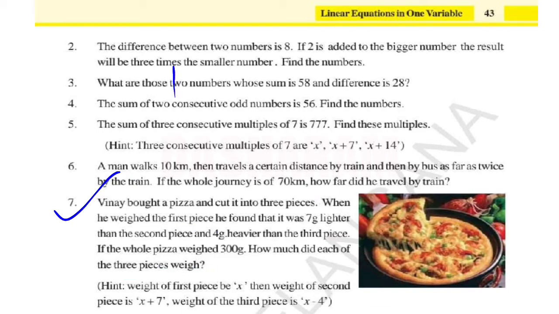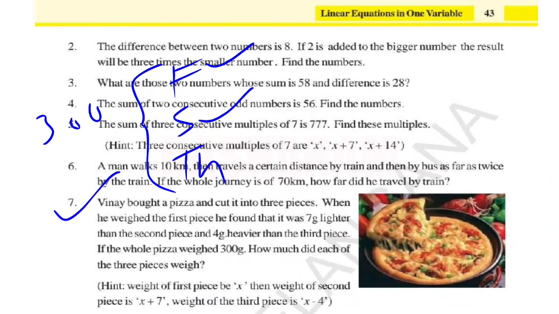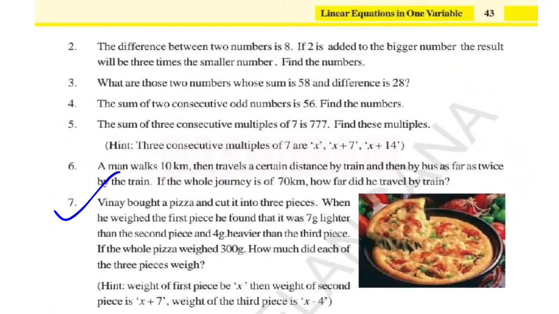See here, total 3 parts are there: first part, second part, third part. Total weight is 300 grams. So we need to find the first part, second part and third part. Their addition will equal 300 grams. Observe the question very carefully.